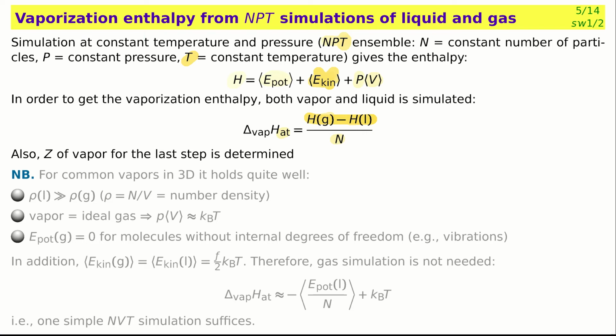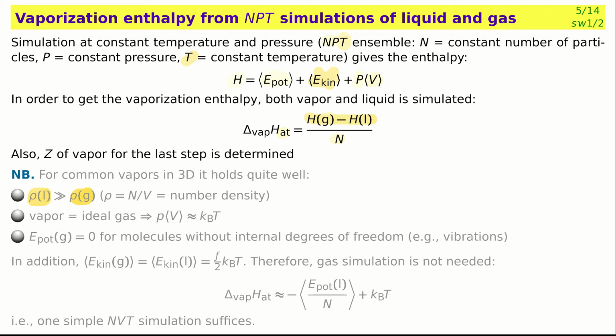Usually, if we simulate compounds like water and so on in 3 dimensions, the situation is a bit simpler. We assume that the density of liquid is much larger than the density of gas. It is the same as here, and for water at normal pressures it really is valid.